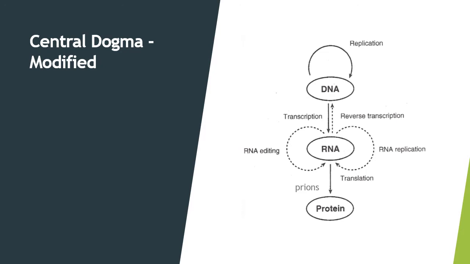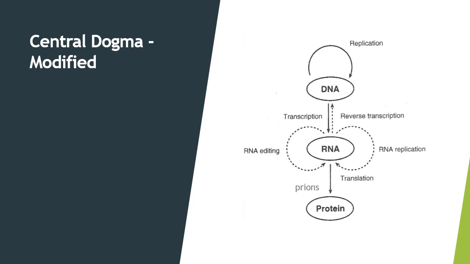However, later on it was found that this unidirectional flow of genetic information does not hold true universally, especially for certain viruses and certain modifications of genes, where some other processes were also involved in addition to the three central processes given by Francis Crick.